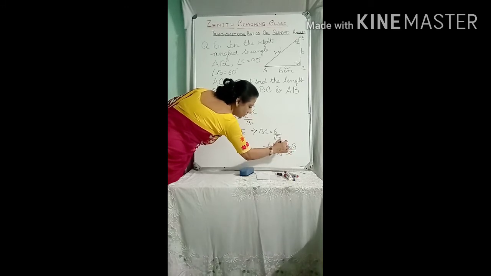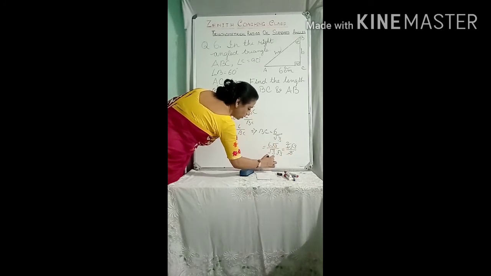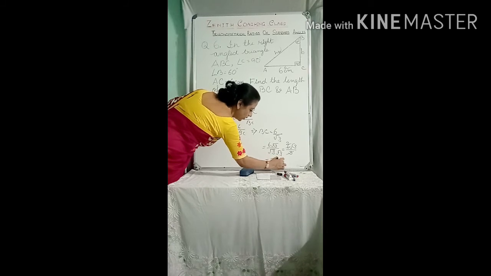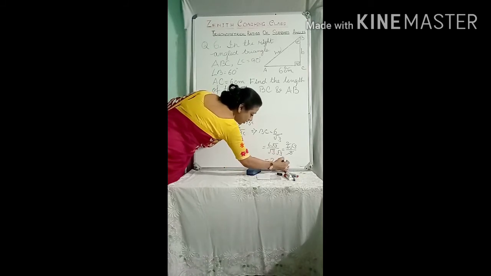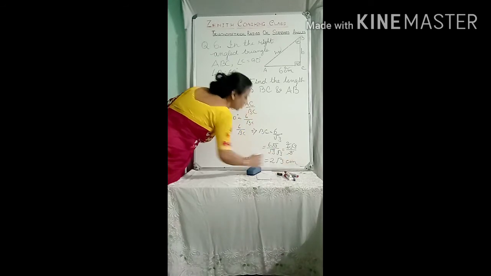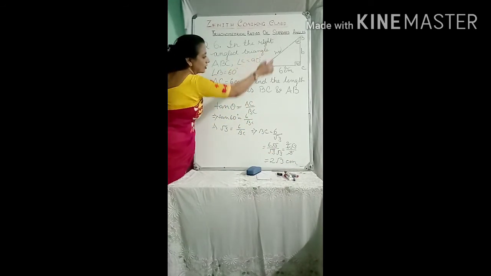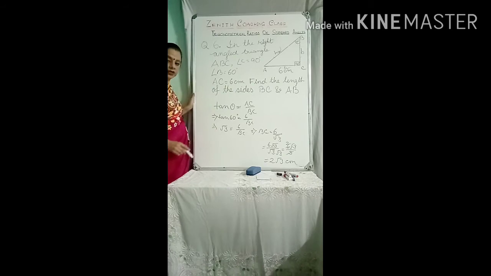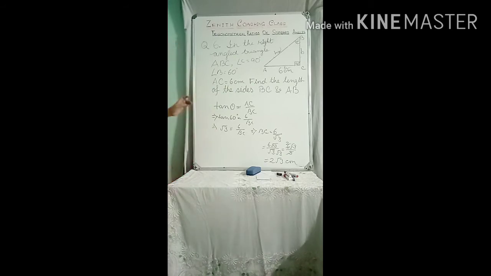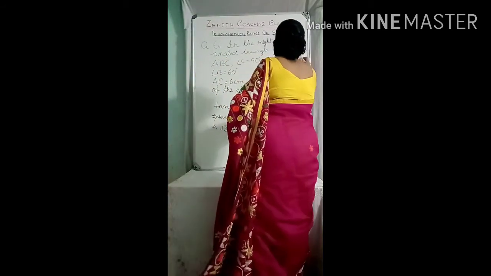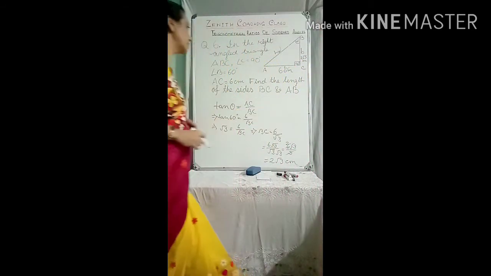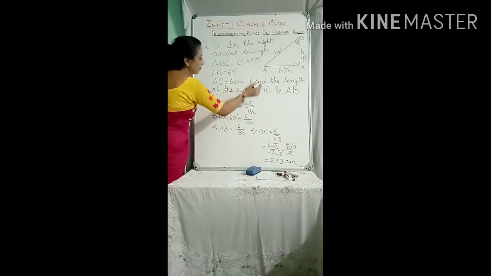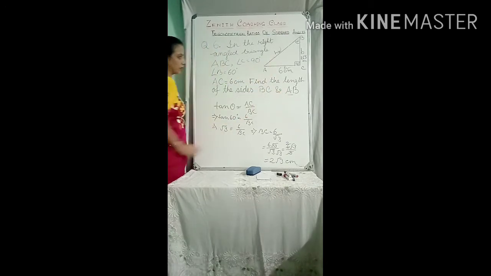So cut it, 2 root 3 centimeters. So the length of BC is 2 root 3 centimeters. Now you have to find AB, that is the hypotenuse.